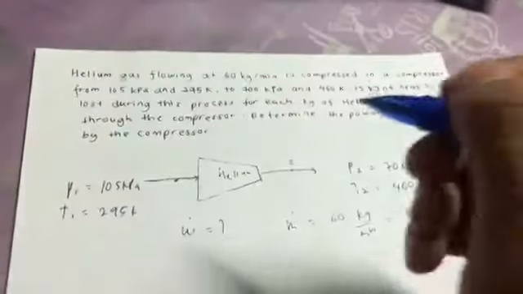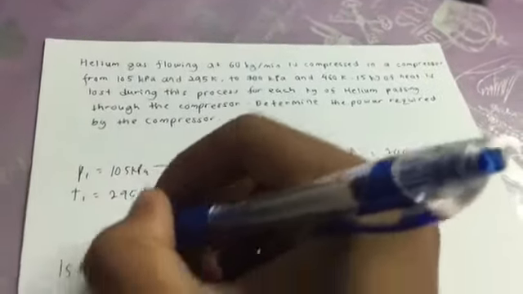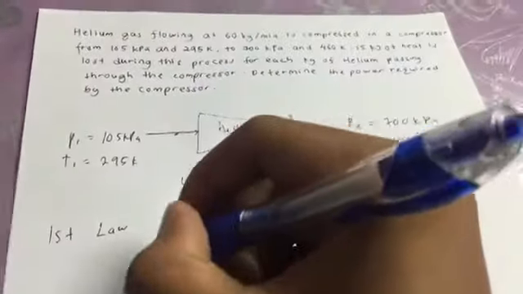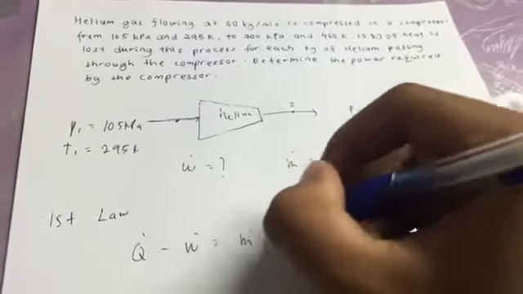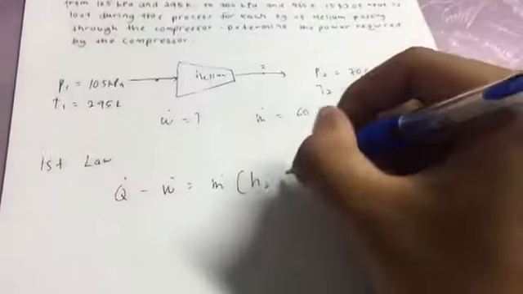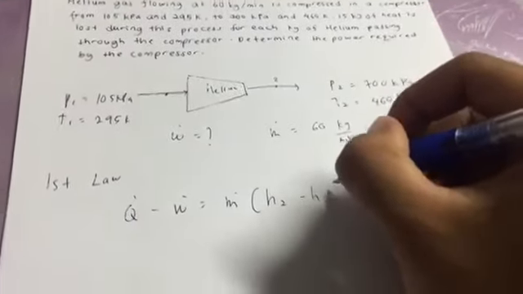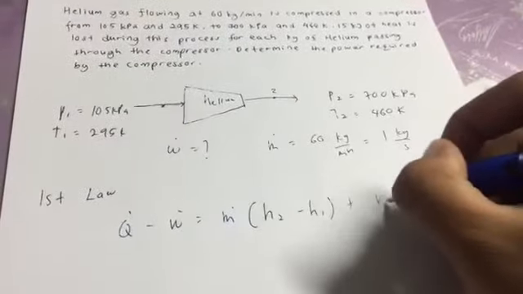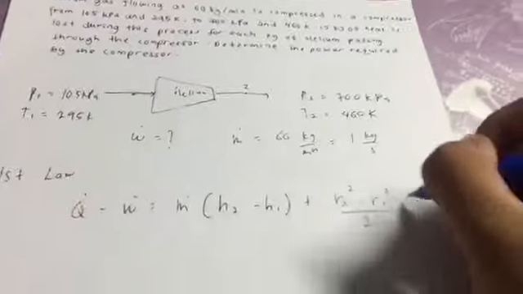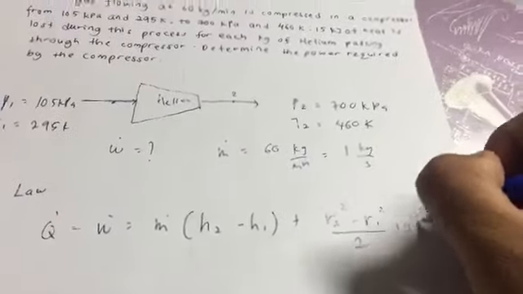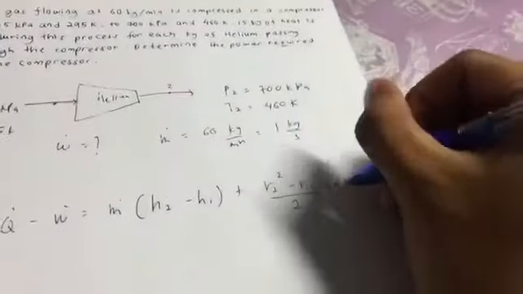So by using the first law equation, Q dot minus W dot equal to m dot (H2 minus H1) plus (V2 squared minus V1 squared) over 2 plus g (Z2 minus Z1).